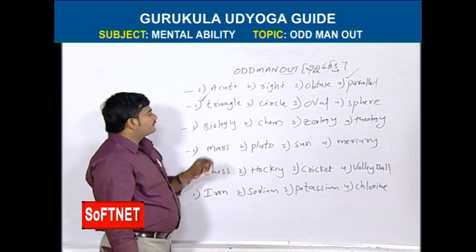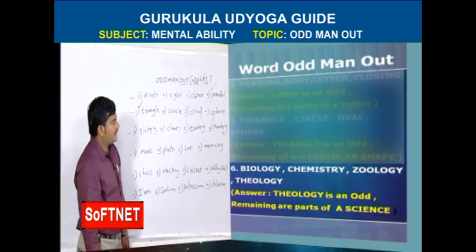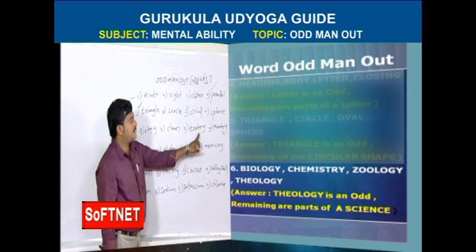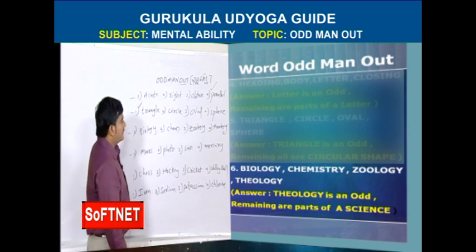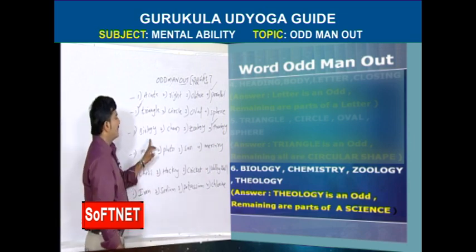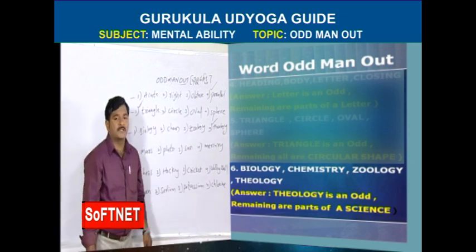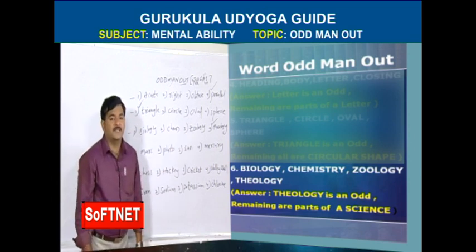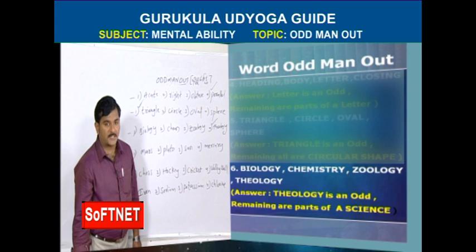Now observe here: biology, chemistry, zoology and theology. I repeat, biology, chemistry, zoology and theology. So what can you say? The answer is obviously the last one, because biology, chemistry and zoology are parts of science, whereas theology is the study of religion.